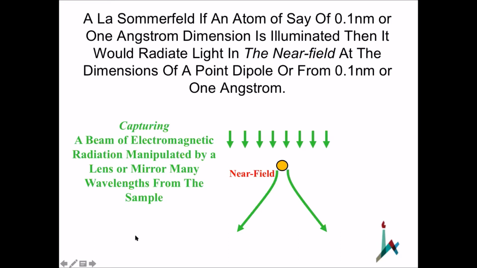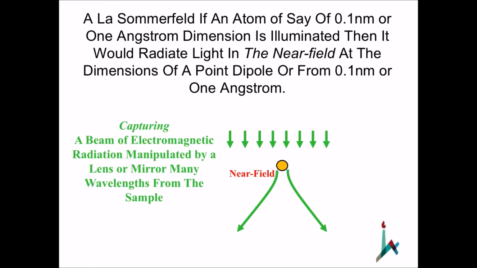So in order to capture the resolution, you had to think of a way to make a dipole that you could in fact irradiate with regular light, and that dipole would then start to irradiate by itself, have the dimension of the dipole, and then actually diffract out from that dimension.